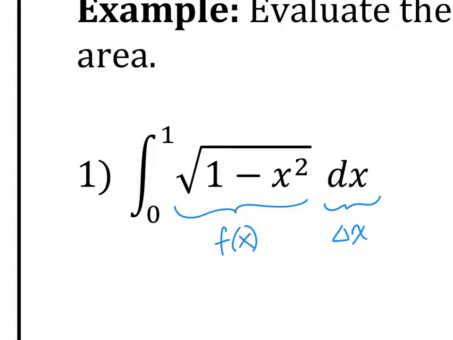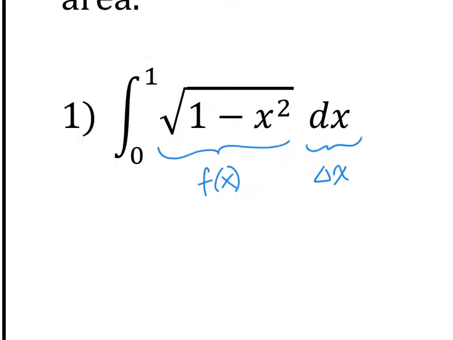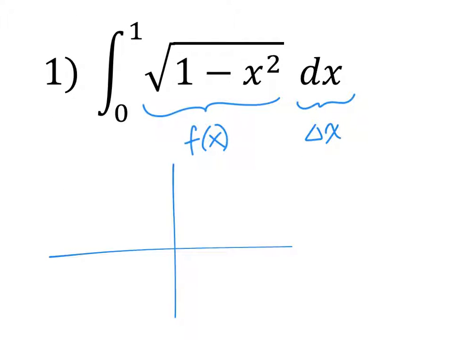Whatever that shape is, we are trying to figure out the area between 0 and 1. That is an interesting curve. That is a half circle, from -1 to 1. This is just a special case, so just letting you know that this is a half circle.